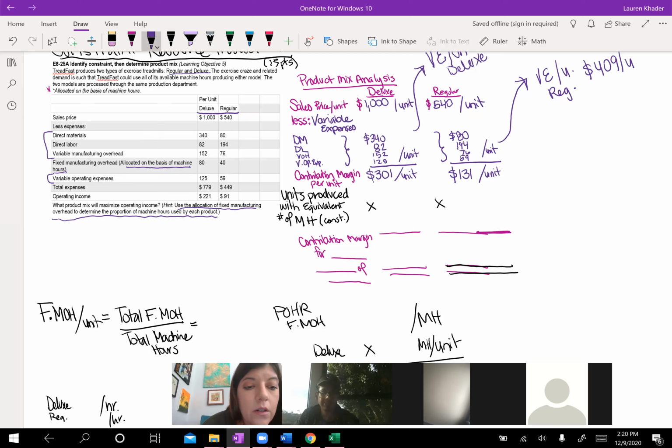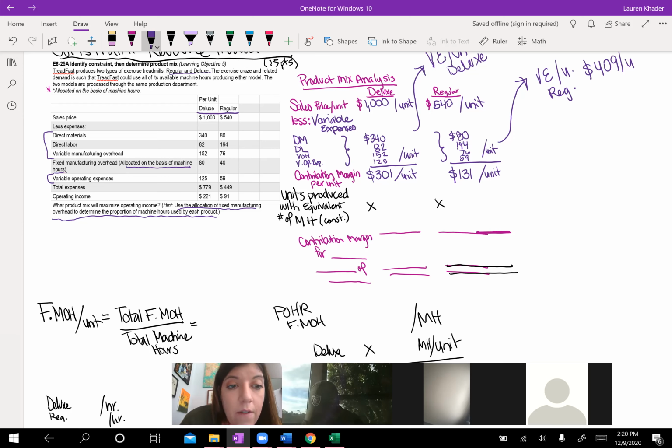Total fixed manufacturing overhead divided by total machine hours is how we're calculating the fixed manufacturing overhead per unit.